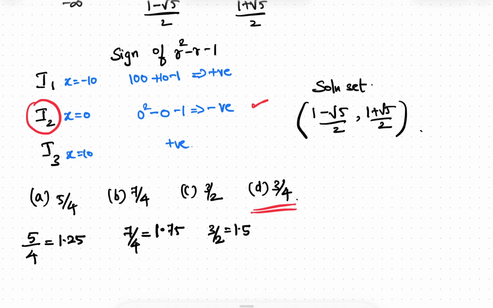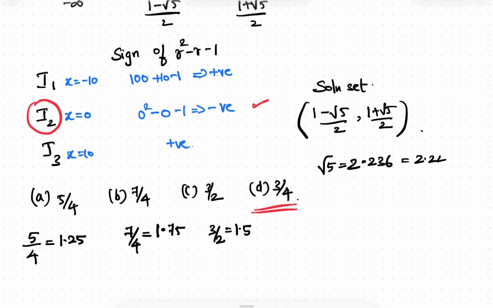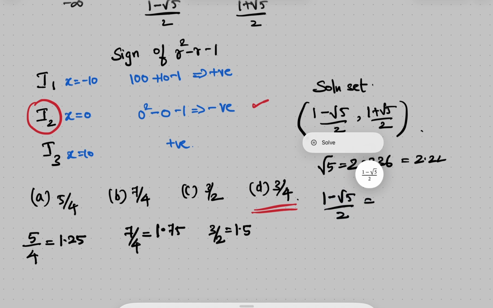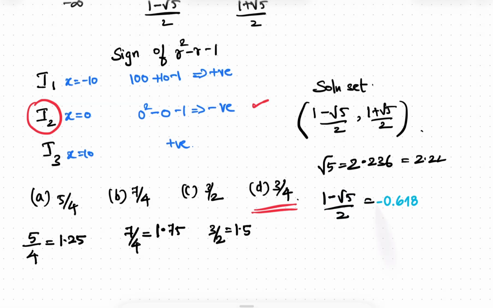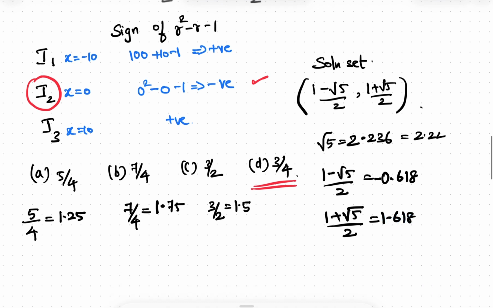Now let me also find 1 minus root 5 by 2, which is going to be minus 0.618, and 1.618. So the range of this interval is minus 0.618 to 1.618.